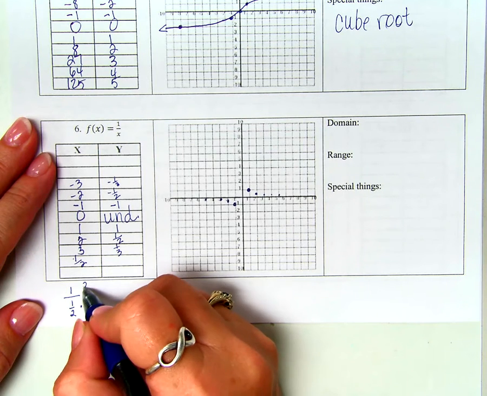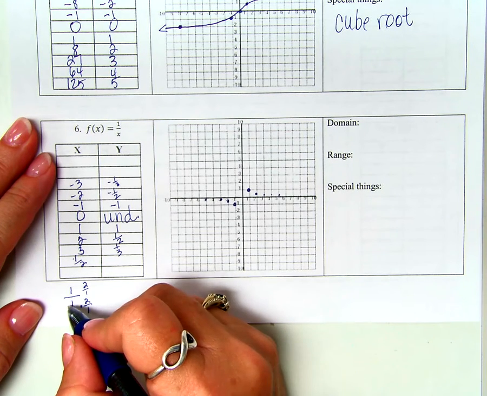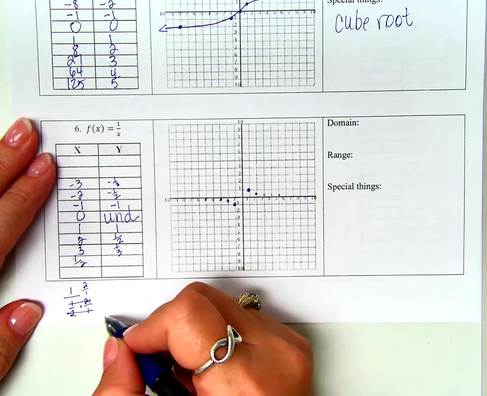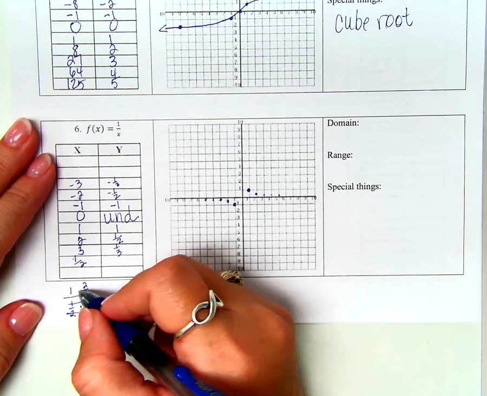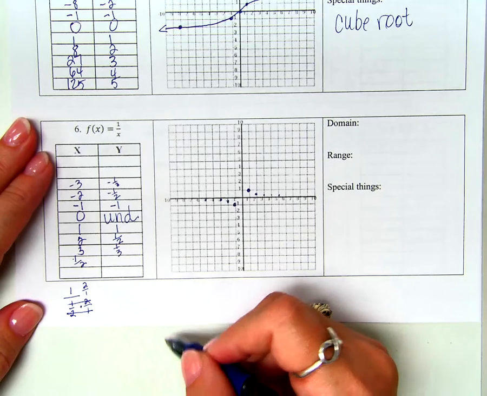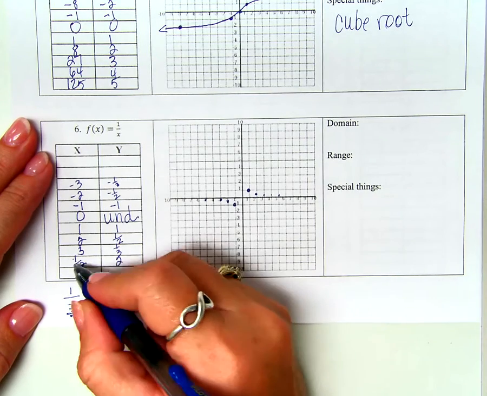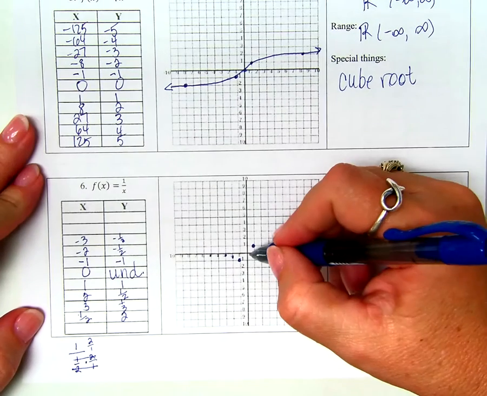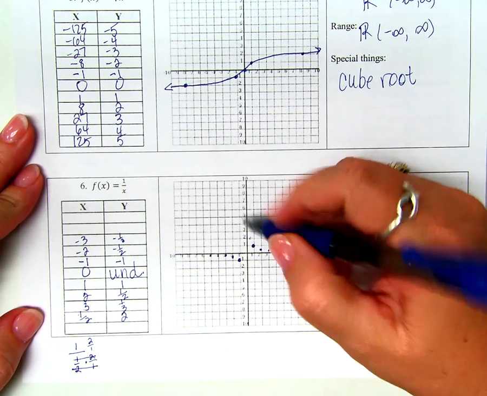Multiply by their reciprocals. So this gives me 2 over 2. What is 2 divided by 2? 1. So that's just a 1. So I have 1 times 2 over 1. What is that? 2. So when x is 1/2, y is 2.